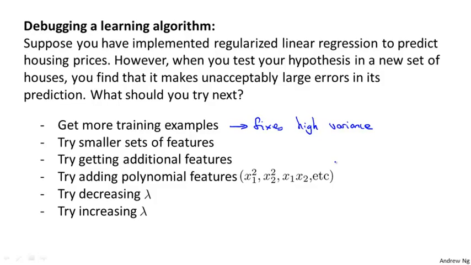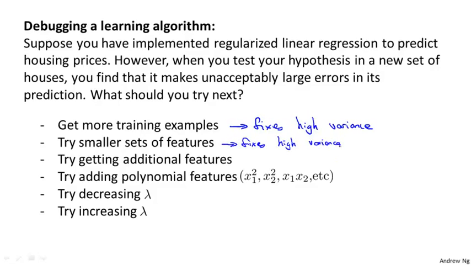So the first option is useful only if you, say, plot the learning curves and figure out that you have at least a bit of a variance problem, meaning that the cross-validation error is quite a bit bigger than your training set error. How about trying a smaller set of features? Well, trying a smaller set of features, that's again something that fixes high variance.